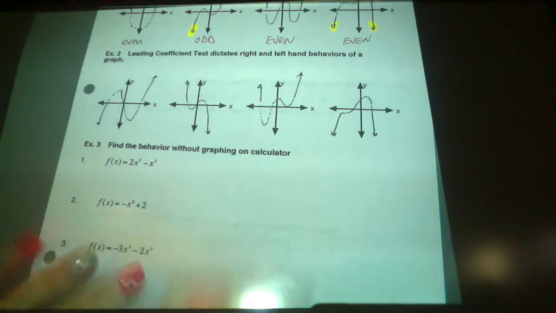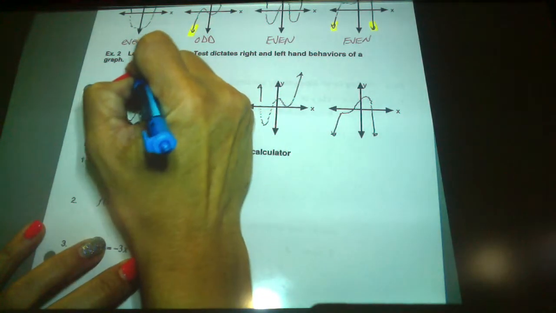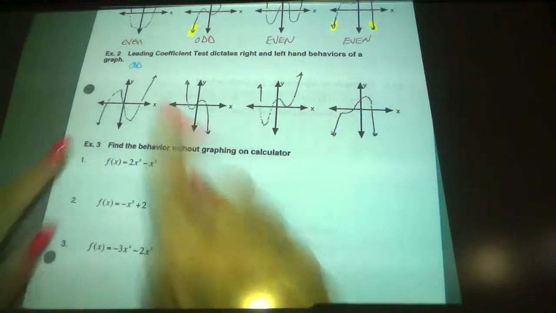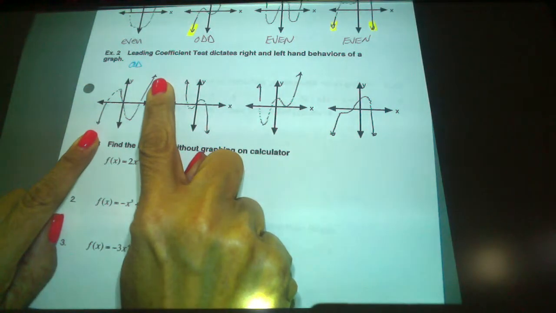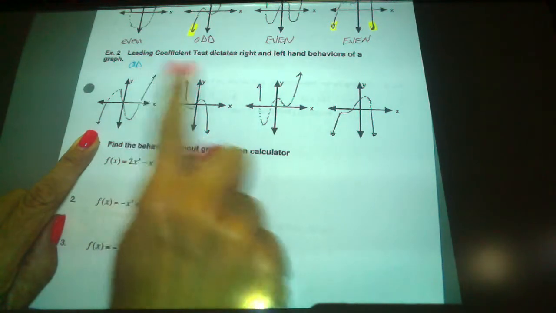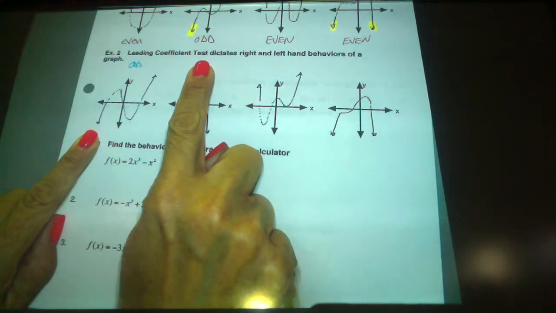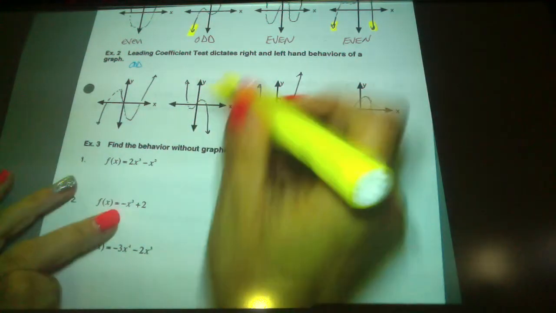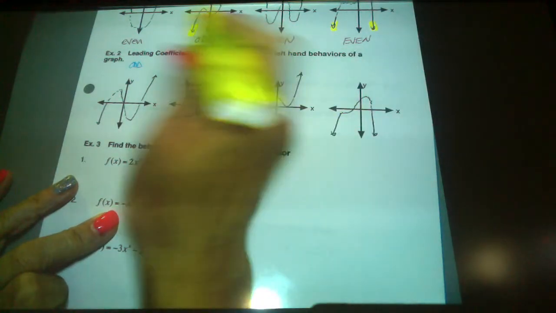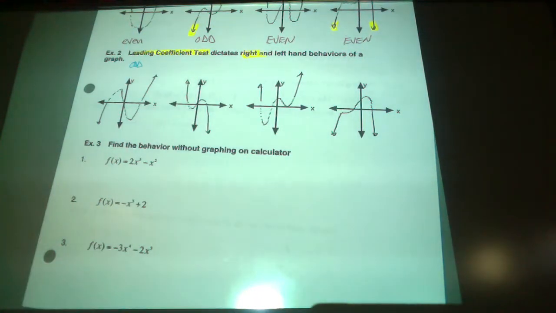Even or odd? Odd. So this is an odd graph because you've got left and right hand going in opposite directions. To determine whether the leading coefficient is positive or negative, always look at right-hand behavior. The right-hand behavior is the easiest to look at to determine if that leading coefficient is positive or negative.